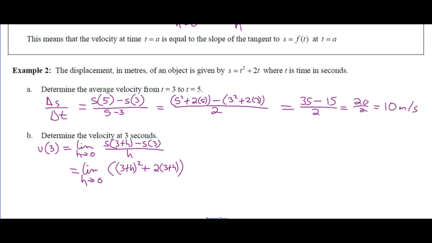Okay, so that's s of 3 plus h, that's going to be our first term, minus s of 3, so minus 3 squared plus 2 times 3, all over h.